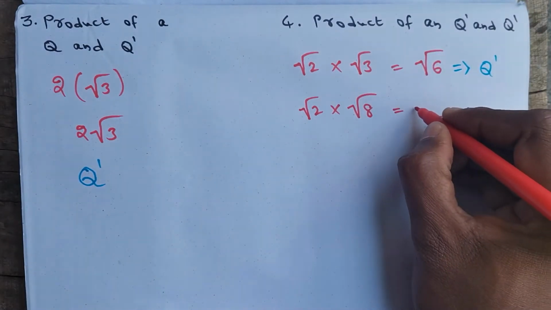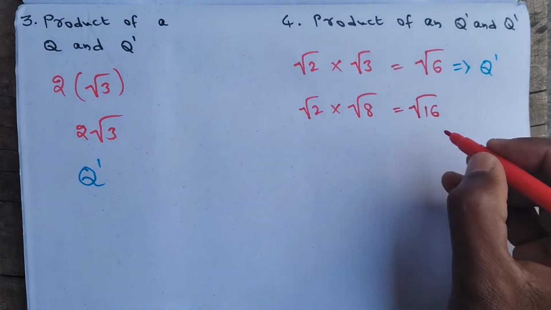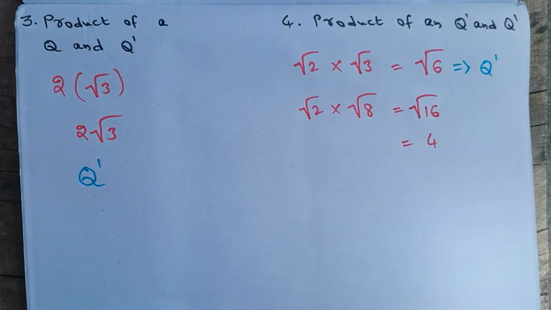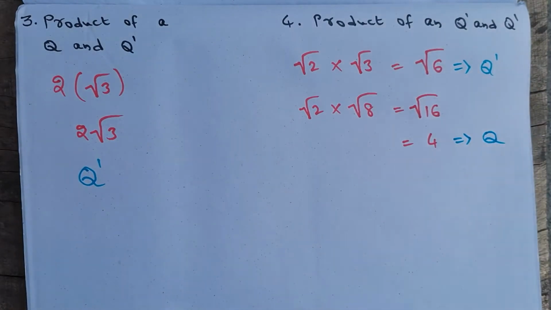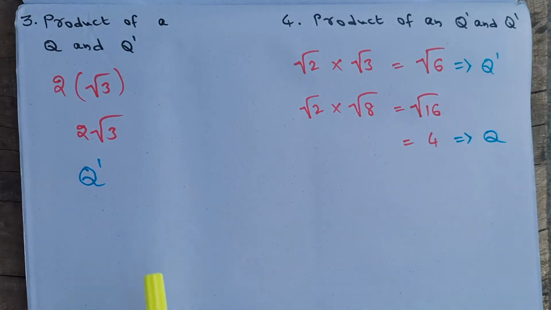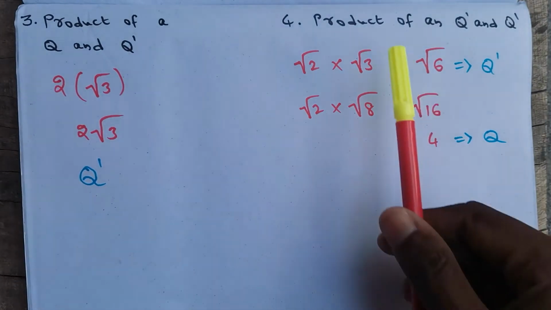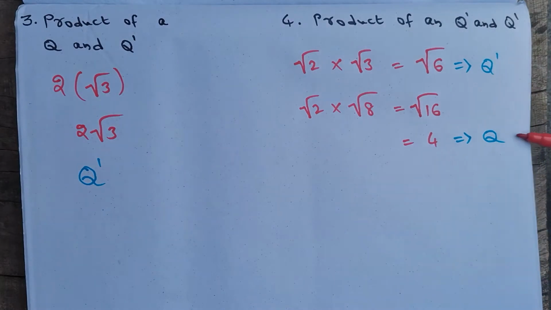Root 2 into root 8 is root 16. Then what is the value of root 16? It is nothing but 4. But here 4 is a rational number. So just keep this in mind: product of rational and irrational is always irrational, whereas product of two irrational numbers may be rational or may be irrational.